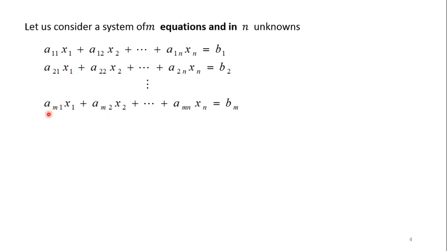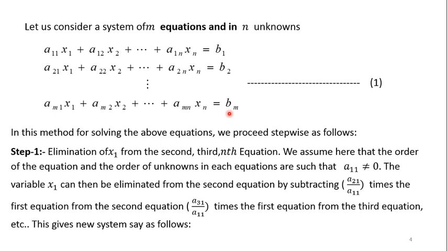Suppose in this way we have m equations, so the last one is am1 x1 plus am2 x2 and so on up to amn xn equal to bm. Call this system 1. For solving the above equations, we proceed stepwise as follows.